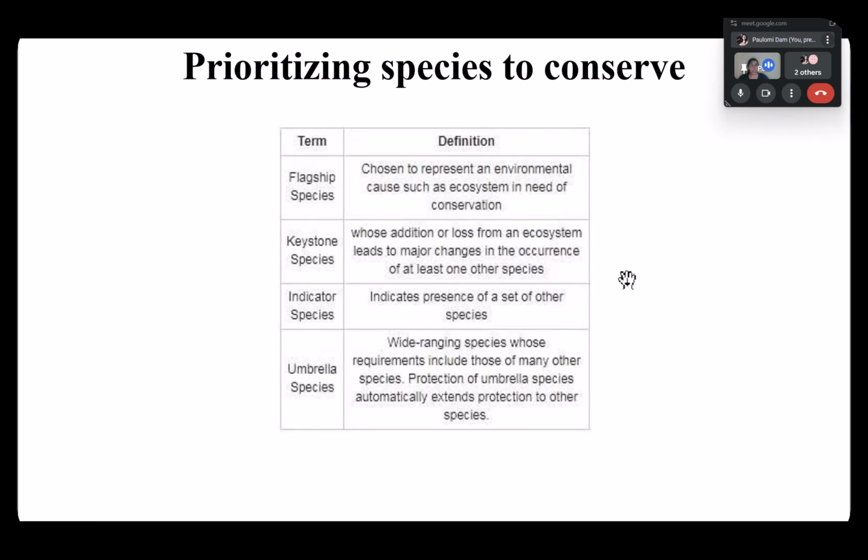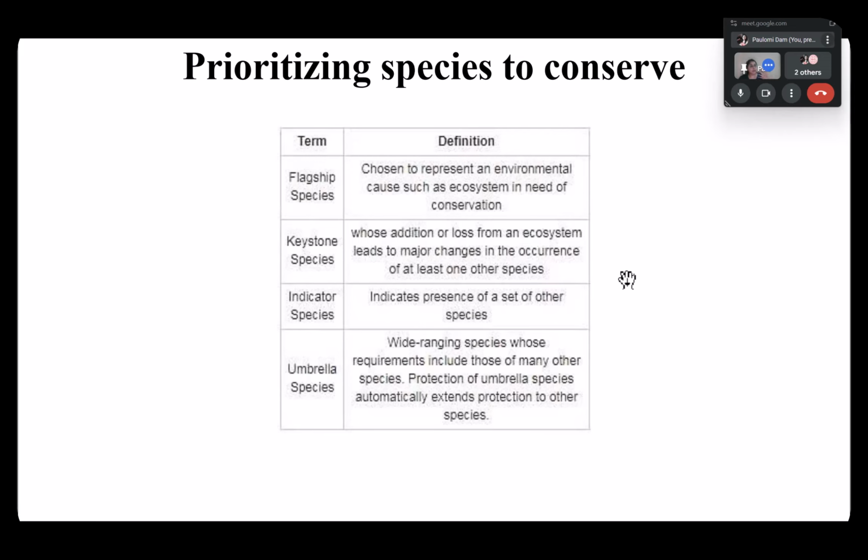The first is flagship species. As the name suggests, these are species chosen to represent an environmental cause, such as an ecosystem in need of conservation. As the name suggests, flagship, so they are basically flag-bearing species, and they are very charismatic. So they catch the eye of humans, right? For example, panda or tiger or lion. They're very charismatic, right?